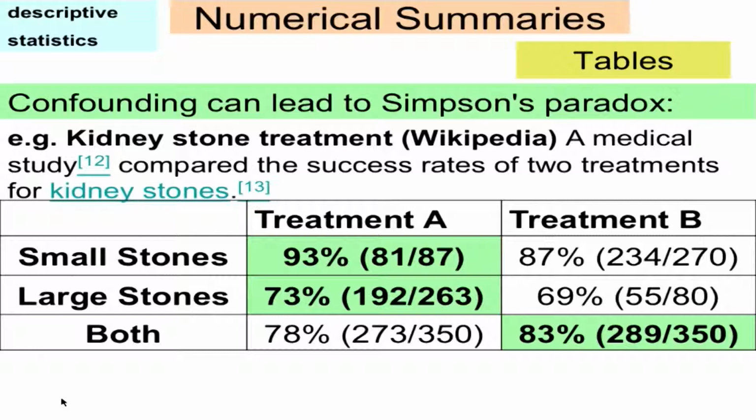Overall, treatment B did better in terms of success rates, right? But in each category, treatment A did better. Treatment B did better overall because more of the readily cured patients got treatment B, not because treatment B is better for those readily cured patients.